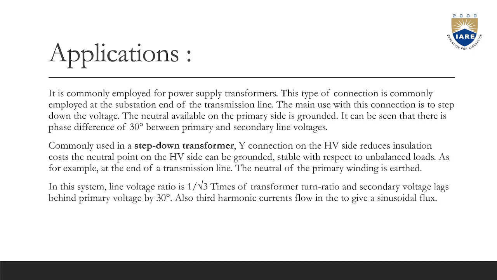In the system, line voltage ratio is 1 by root 3 times the transformer turn ratio and secondary voltage lags behind primary voltage by 30 degrees. Also, third harmonic currents flow in the delta to give a sinusoidal flux.